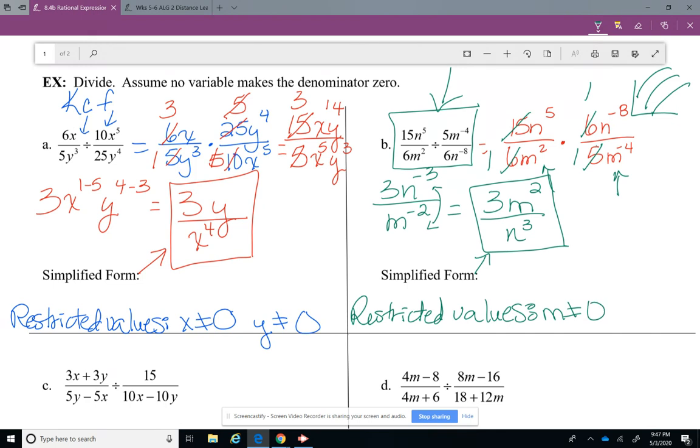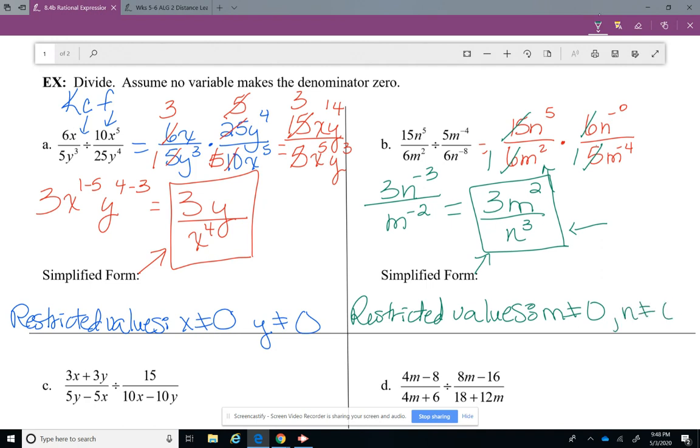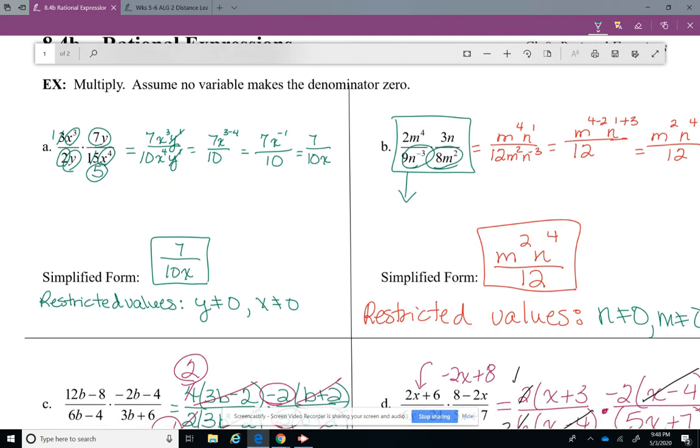Now, there's another thing I have to take into consideration. When I end up multiplying and canceling and changing places of the n to the negative 3 and the m to the negative 2, my n ends up in the denominator. Well, my n also cannot be 0, because if it ends up in the denominator and it ends up being 0, we're in trouble. And this hasn't happened yet. If you notice with all the other problems, x and y both were in the denominator here.